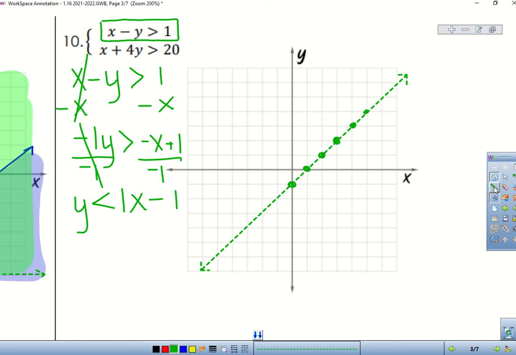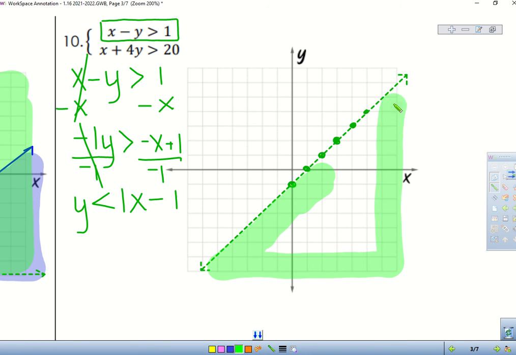And am I going to be shading above or below here? Why am I shading below? Because it's eating the y. Good, so see how here the alligator is not eating the y? So since it's this way, you shade below. You only shade above when the alligator eats the y.